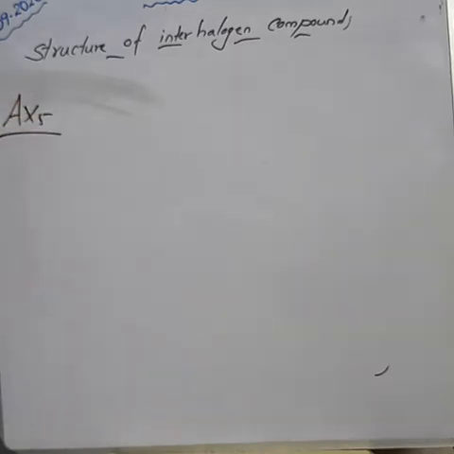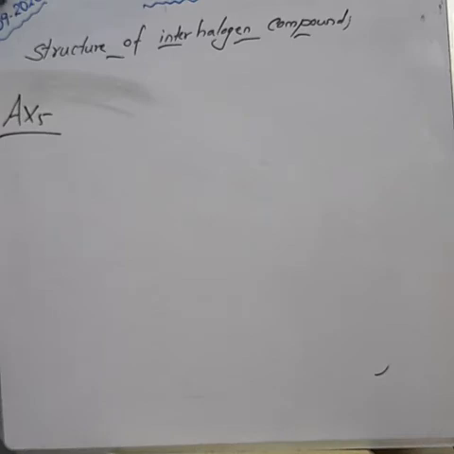AX5 and AX7 are very important for the NEET students. Okay, AX5 and AX7. The shape of the AX5 is square pyramidal. Sorry, before that I did not explain about the bond pair and lone pair for the AX3 type.